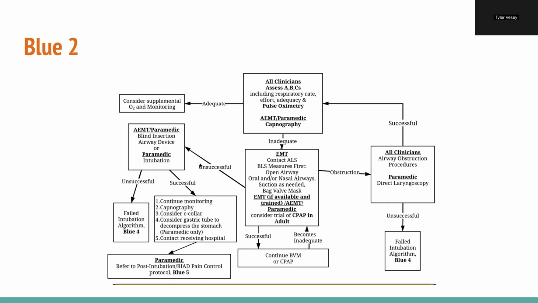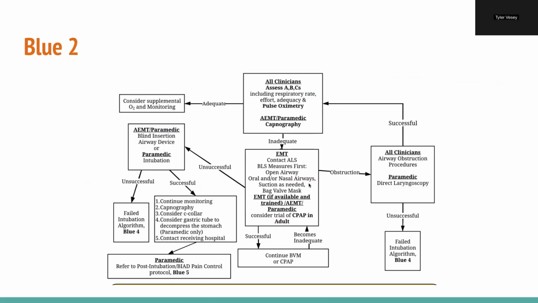From there, if that's not successful, we're going to move towards our blind insertion airway device or intubation. If successful, we need to place capnography and confirm it. Gastric tube is something that we don't really do a whole lot, something that I wish we included into this.